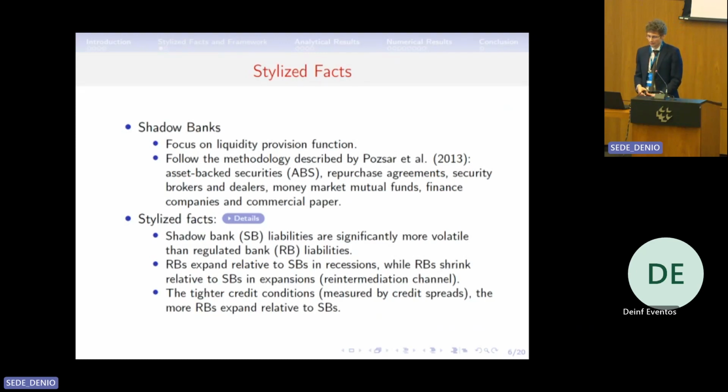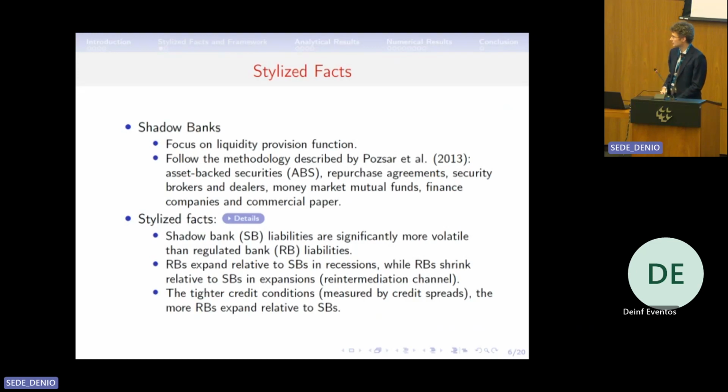What are the three facts that I use when I construct my theoretical model and evaluate its performance? The first one is that shadow banks' liabilities are more volatile than regulated bank liabilities. The second fact, which I think is interesting and rather new, is that regulated banks expand relative to shadow banks in recessions, while regulated banks shrink relative to shadow banks in expansions.